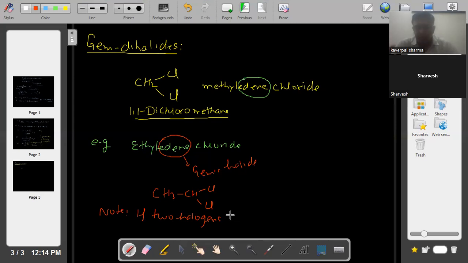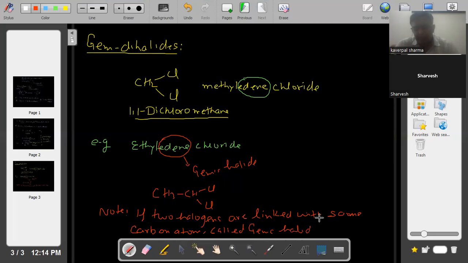If two halogens are linked with the same carbon atom, they are called gems.